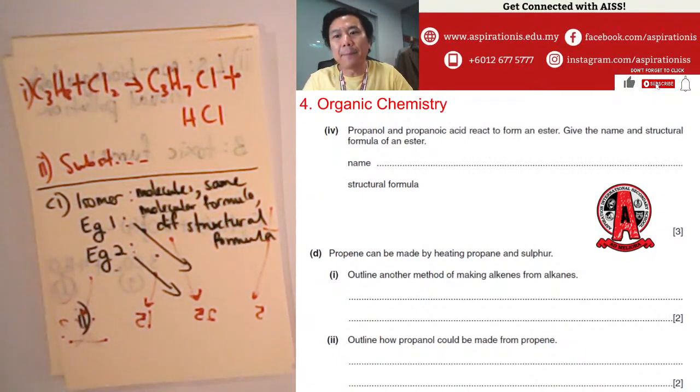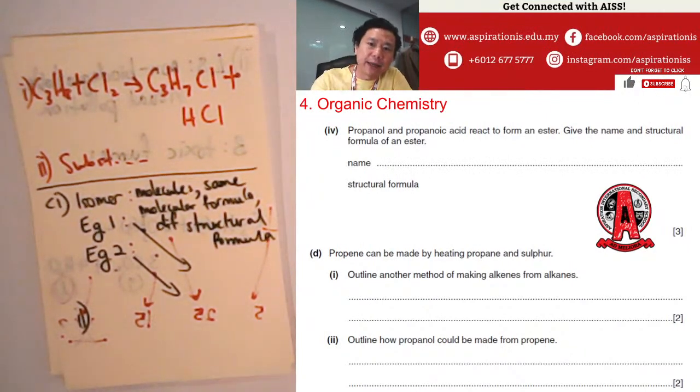That will be an example, correct or not? The one that I'm typing is not the answer, yeah? It is an example of the ester and the structural formula. So I want you to try out. So all of you know it is propyl propanoate. Can you very quickly come up with the structural formula of propyl propanoate? Can you?